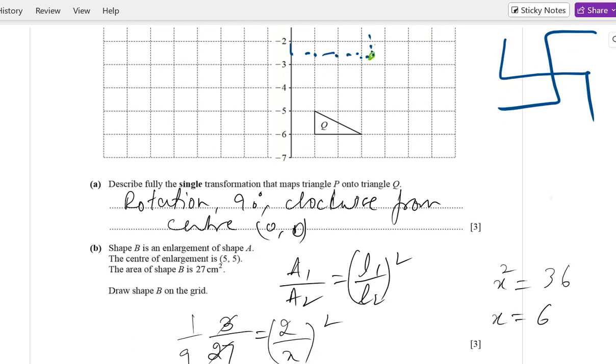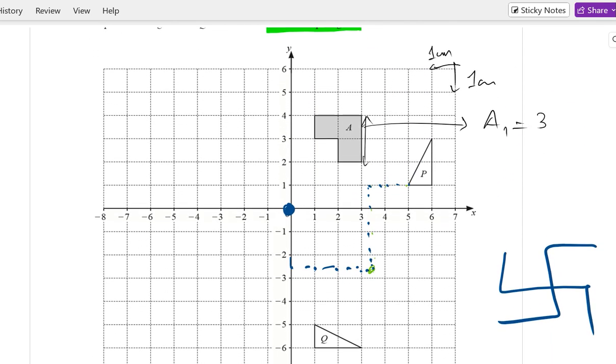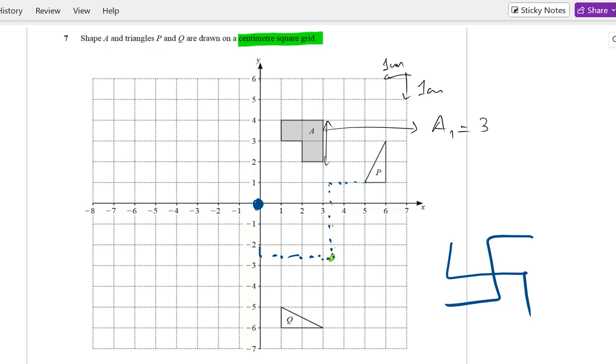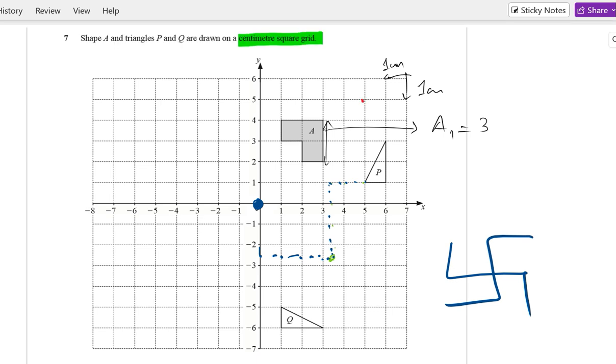Alright. And the center was 5 comma 5. Now let's draw the lines. 5 comma 5. This is your center.